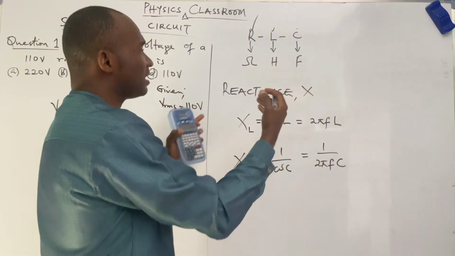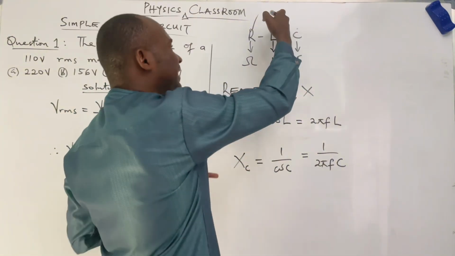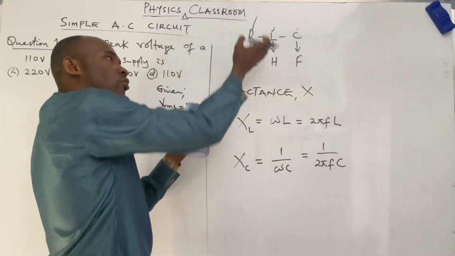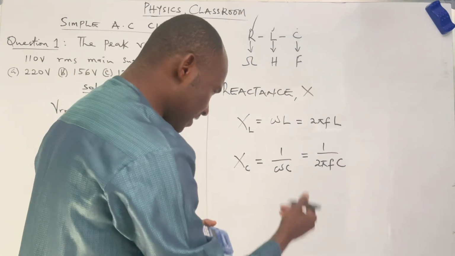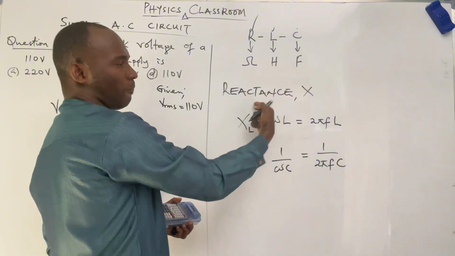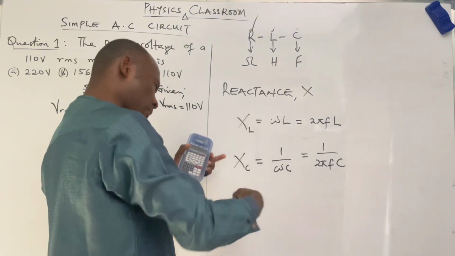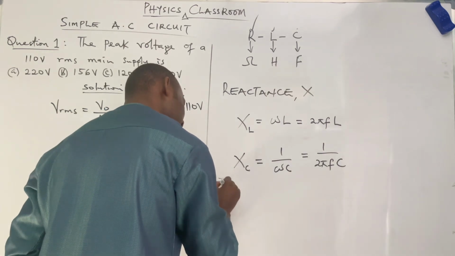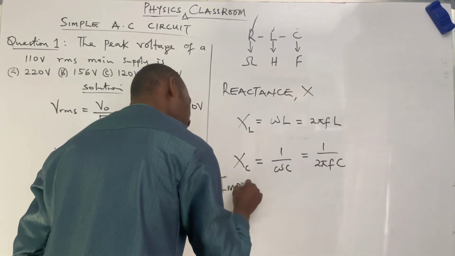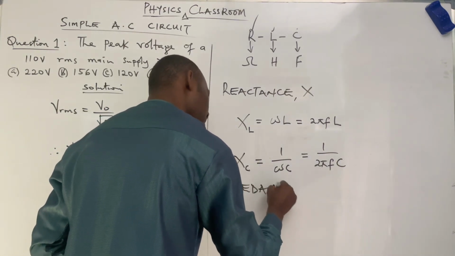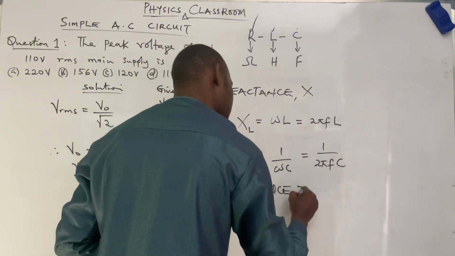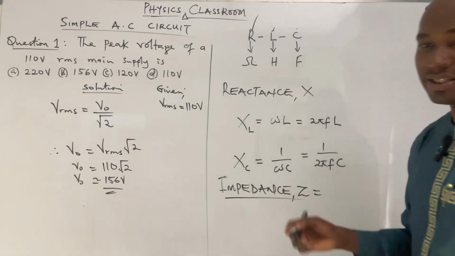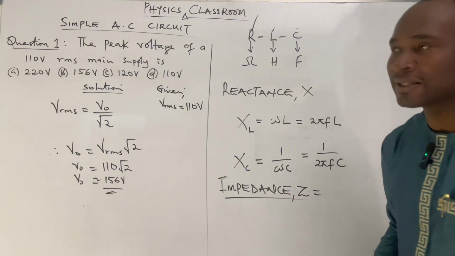Now, what if we are combining the inductor or capacitor with maybe resistor or with themselves? That brings about something else different from reactance, which will also serve as opposition to the flow of current. And that's what we call the impedance. The symbol for impedance is Z. How do you define impedance?